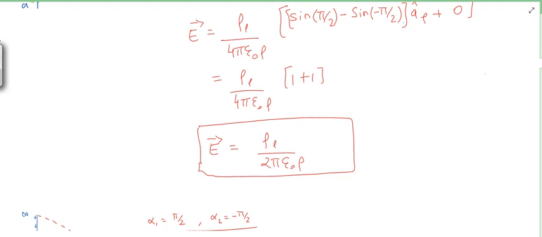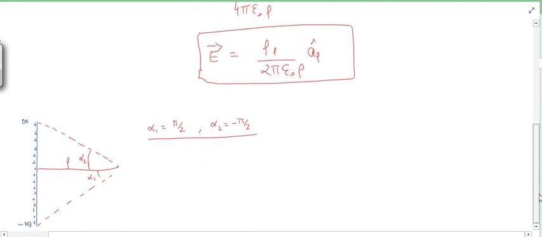If the infinite line charge is there, this will be the formula for finding the electric field, rho L divided by 2 pi epsilon naught rho. And if I write the vector, it will be in the direction of a_rho cap, because a_rho cap is remaining, the az component has become 0. So this is the formula and with the direction.